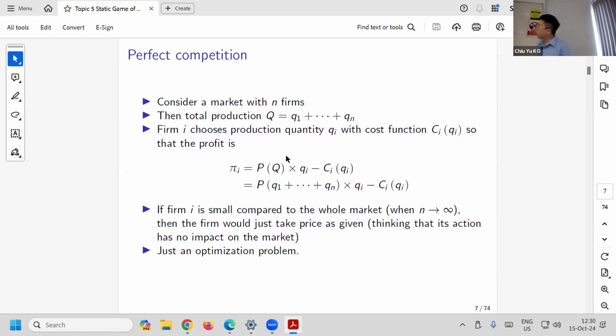And perfect competition, again, is also the same, but the price depends on other people's production. Suppose firm one, the total price depends on Q2 up to Qn. But if firm one thinks that his quantity changes don't affect the market price, then in that case it does optimization, just basically standard MR equals MC.